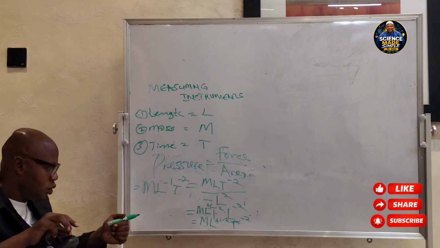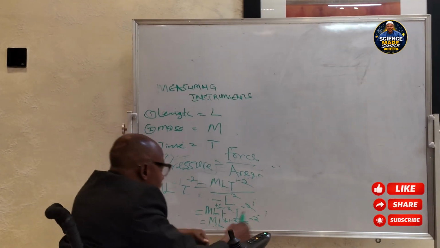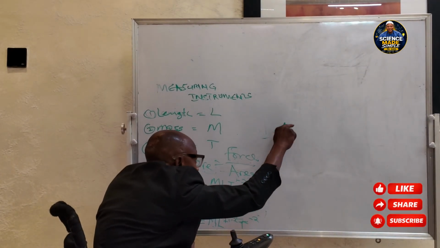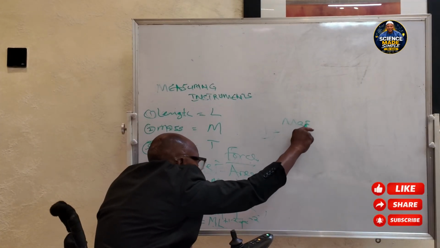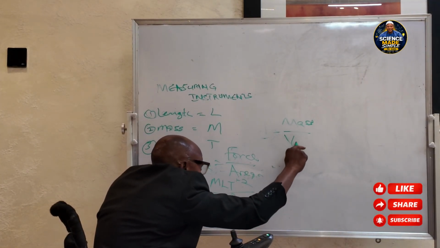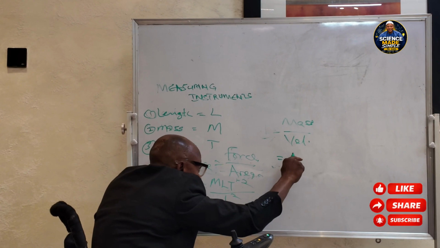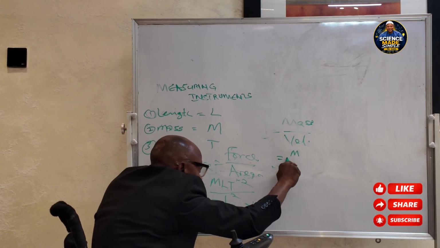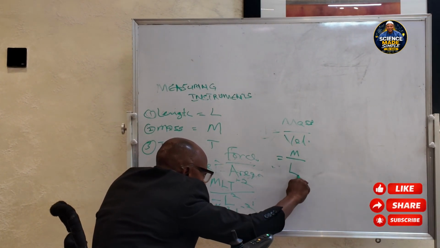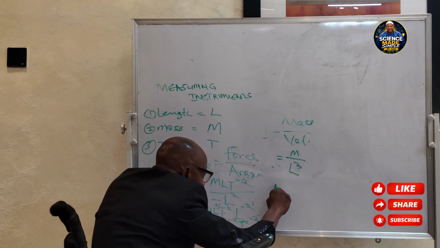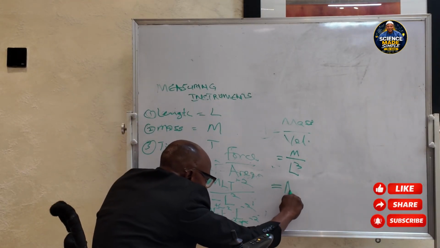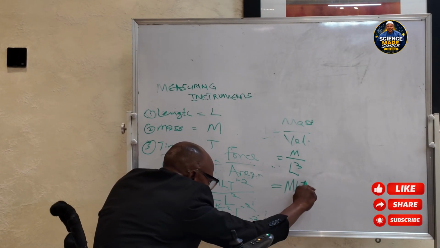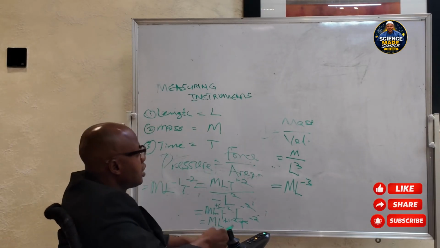So you have your density to be mass over volume. That is M for mass, over L cubed. So your density will be M L minus 3, and so on and so forth.